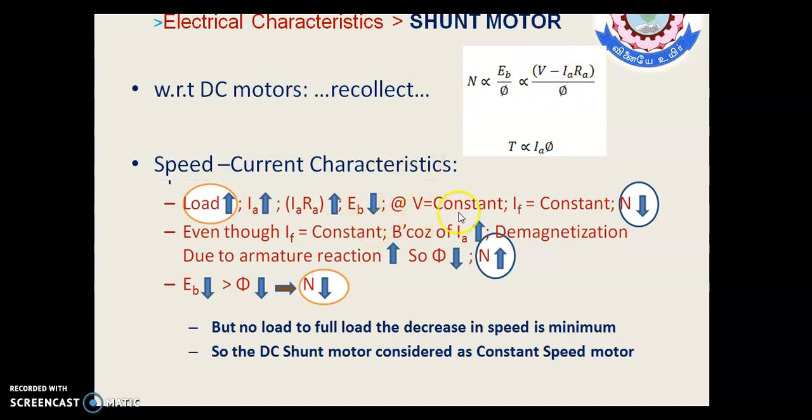At constant voltage, the field current IF is also constant. That means phi is constant, and because of these variations N reduces. This is one effect of the change in load.